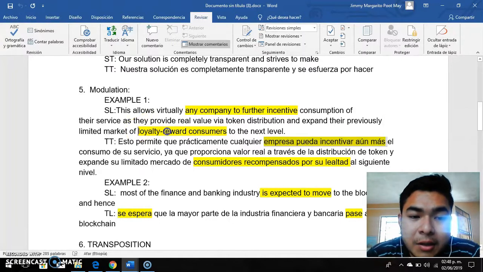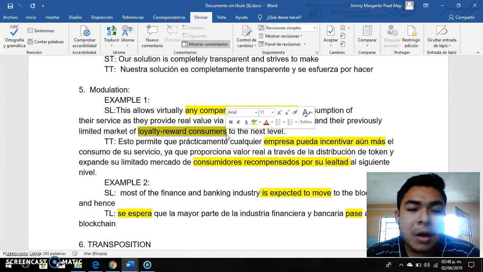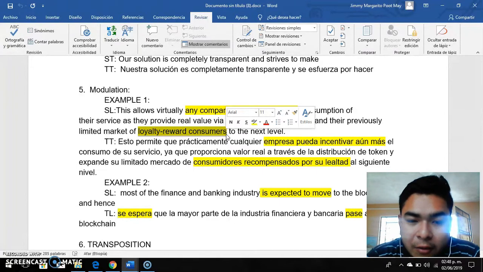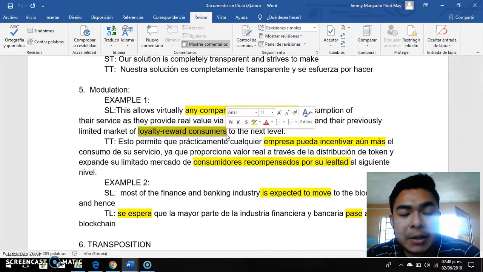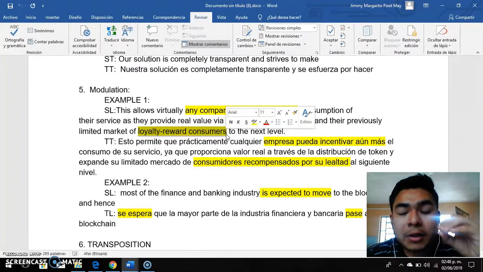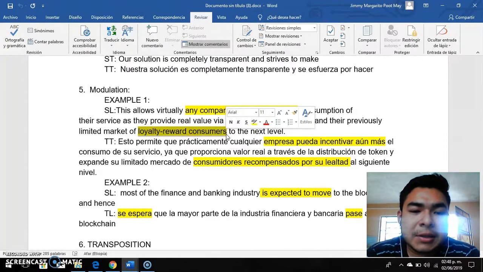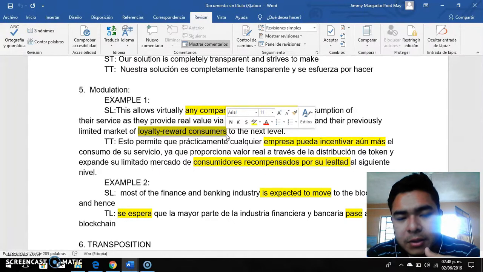On the other hand, one of the problems I faced was this part because I didn't know how to do it. "Loyalty reward consumers". It was a problem that I faced. So I did a lot of research. I read many articles about the main topic in order to understand the meaning of these three words: loyalty, reward, consumers.